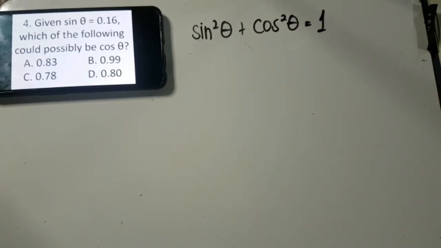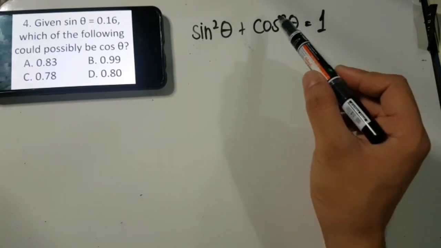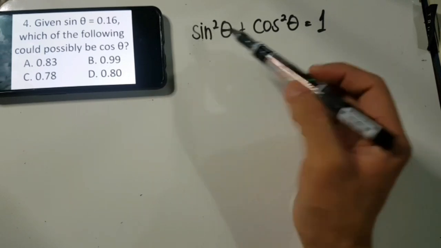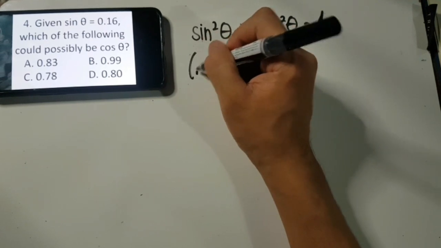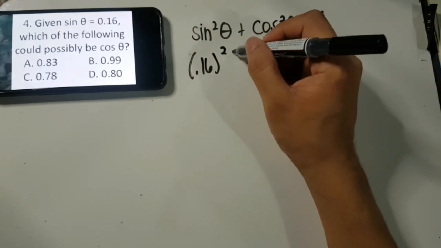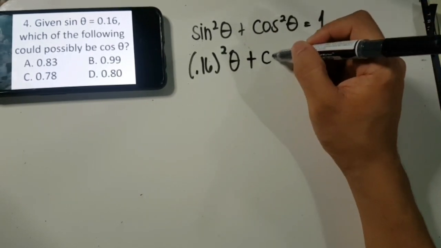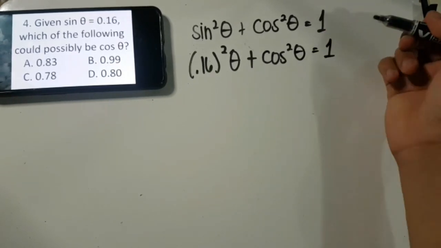Tandaan nyo po ito. So, we can solve for the cosine theta given that sine theta is 0.16. So, therefore, we can substitute it here. So, 0.16 squared plus cosine squared theta is equal to 1.